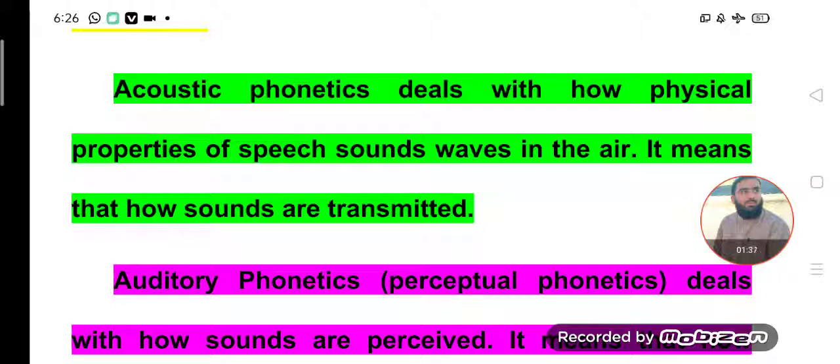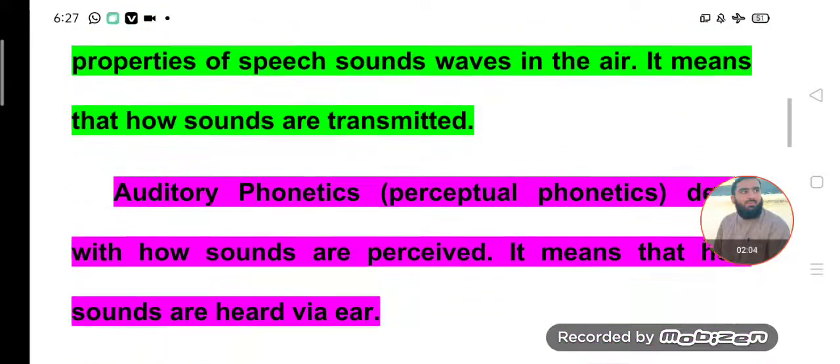It means how sounds are transmitted from one medium to another medium. For example, dear students, the speaker's mouth is one medium and the listener's ear is another medium. So how sound goes from the speaker to the listener's ear, how the listener is receiving sounds, this is the job of acoustic phonetics.